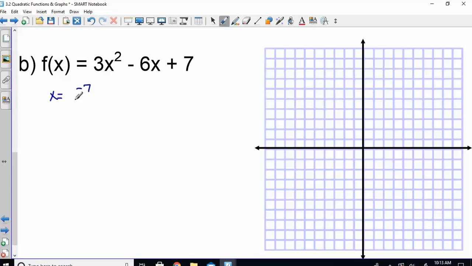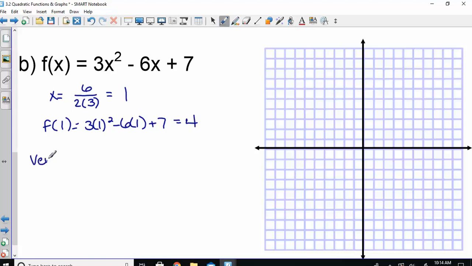So my b is, oh, not 7, opposite of negative 6, isn't it? So that would be a positive 6. So that gives me a 1. Then we plug that back in to get our y. And that gives us 4. So the vertex, make sure you write it as an ordered pair, is 1, 4.